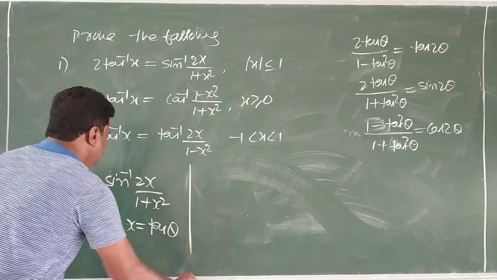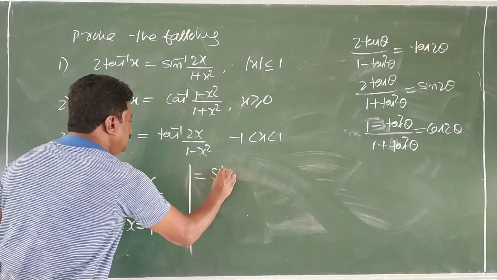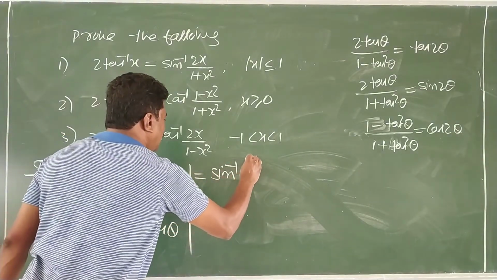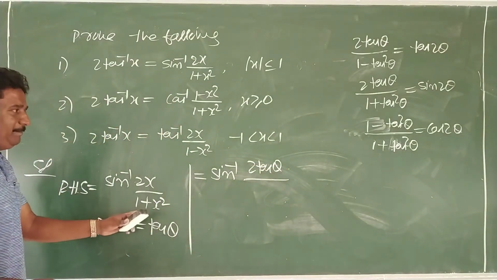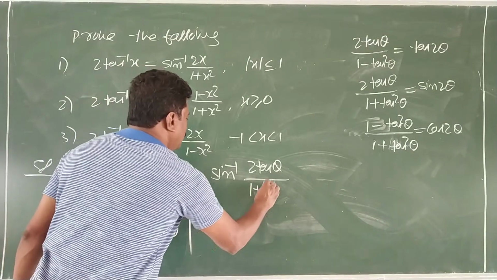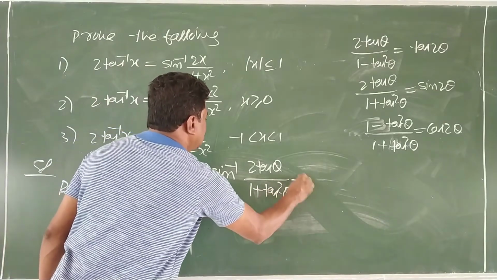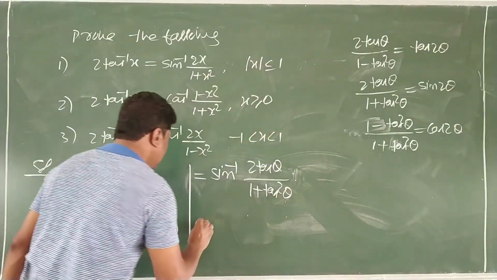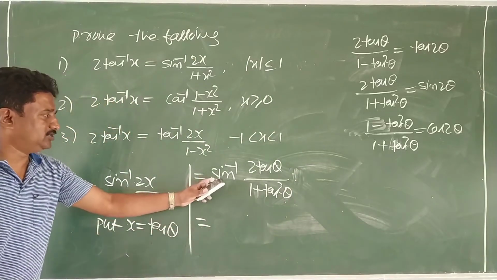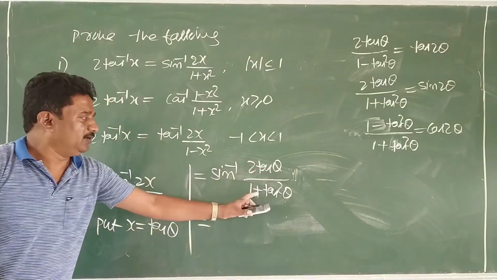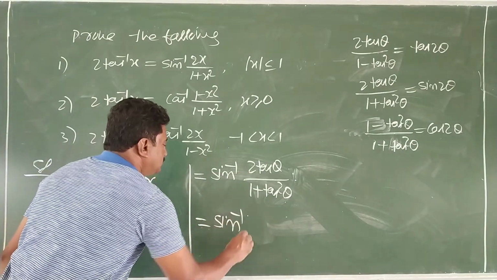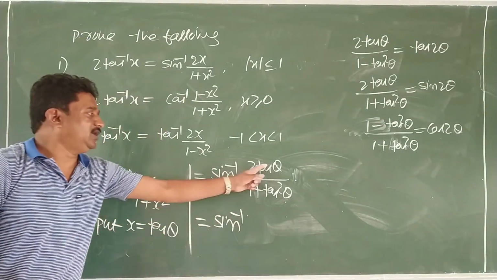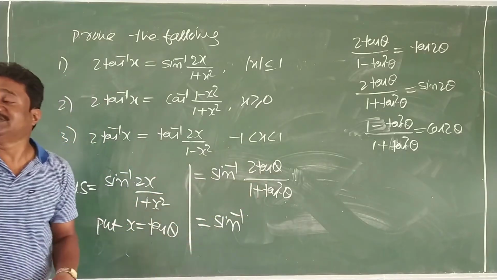So it is equal to sin inverse 2 tan theta by 1 plus tan square theta. What is 2 tan theta by 1 plus tan square theta? Sin 2 theta.